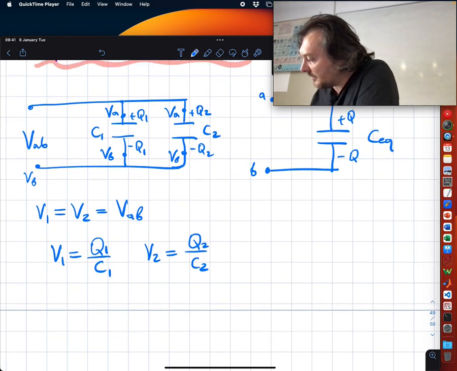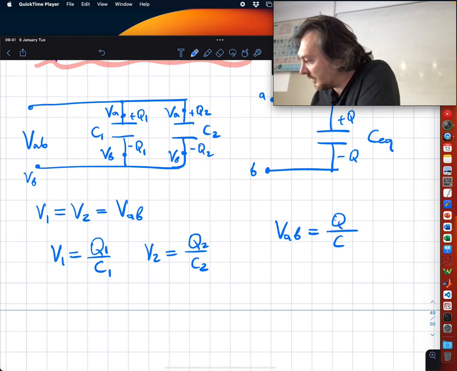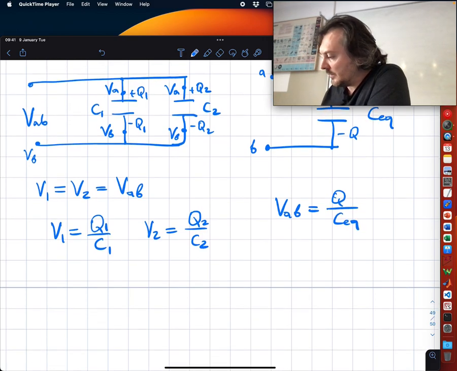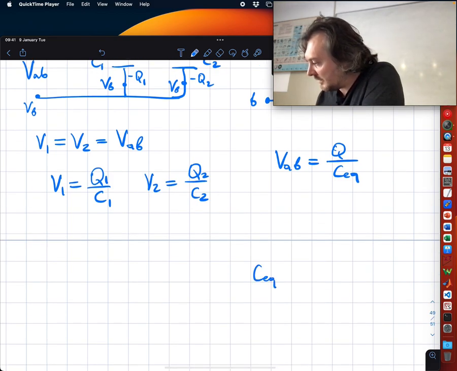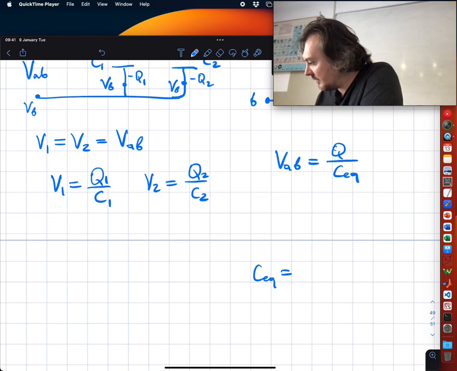And for this one, VAB is equal to Q over C equivalent. So in this case, I can write it down like this.